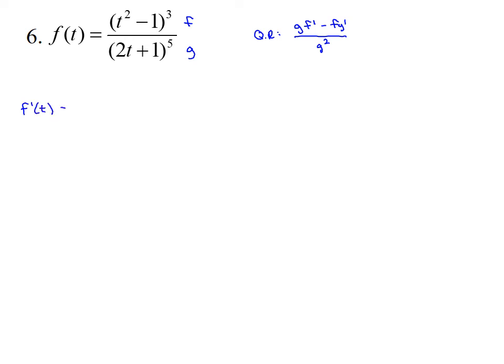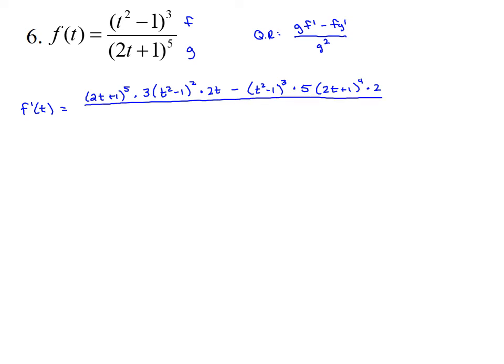We can say that f prime of t is going to equal 2t plus 1 to the fifth. The derivative of f is chain rule, so that's 3 times t squared minus 1 squared times the derivative of the inside, which is 2t, that's the chain rule part, minus f, which is t squared minus 1 to the third, times the derivative of g, which is also chain rule, so that would be 5 times 2t plus 1 to the fourth, times the derivative of the inside, which is 2.